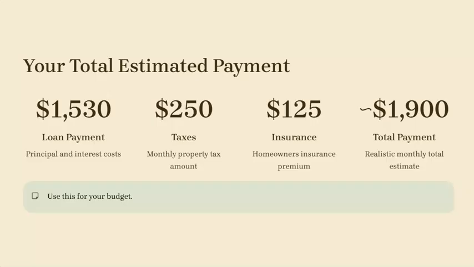The loan payment, principal and interest, would be $1,530. Your taxes per month would be $250. Your homeowner's insurance would be $125. So your total payment, realistically, monthly total estimate would be $1,900 per month. So use this for your budget figure.